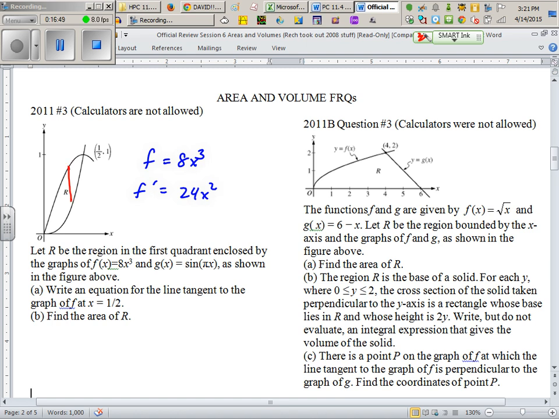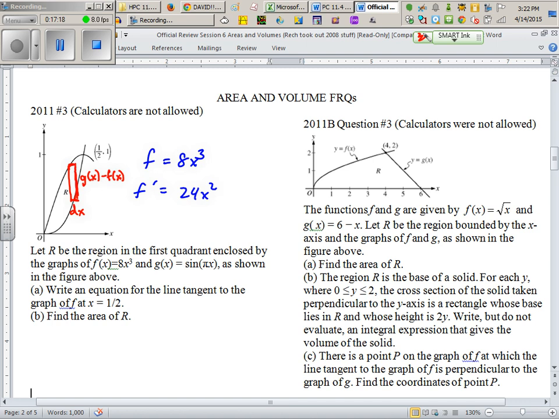The idea is this: you have a rectangle in here, and the width is dx, and the height of this thing is g of x minus f of x. G of x minus f of x is the height of that rectangle, see? Both g and f change as we move along, but the difference between them is technically the height of this rectangle for any x.